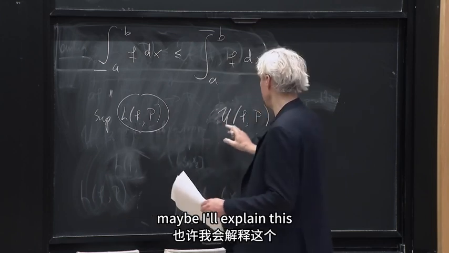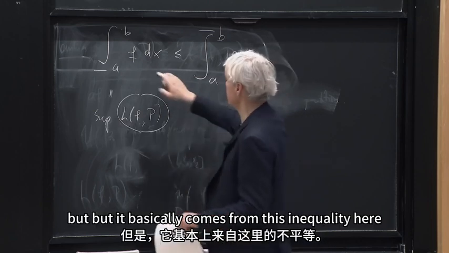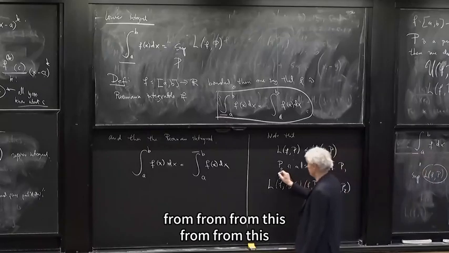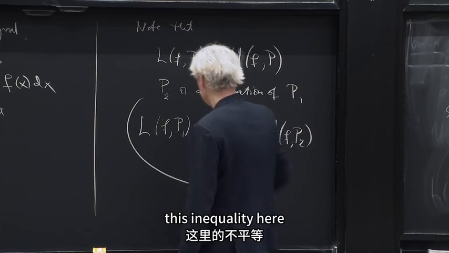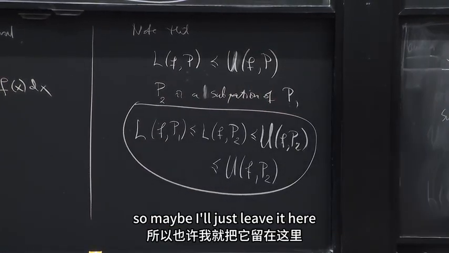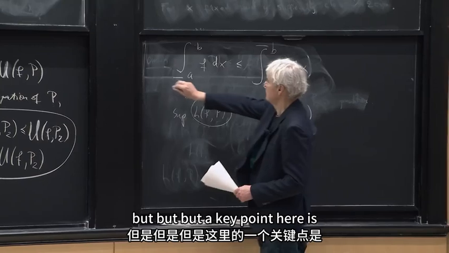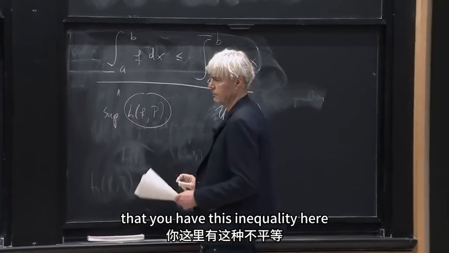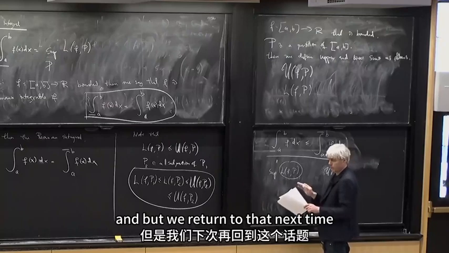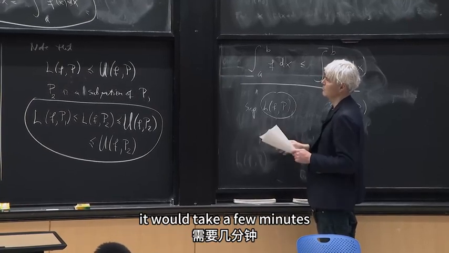Maybe I'll explain this in more detail next time because I only have a minute. It basically comes from this inequality here. It will take just a few minutes to explain clearly, so maybe I'll just leave it here. But a key point is that you have this inequality, and we'll return to it next time.